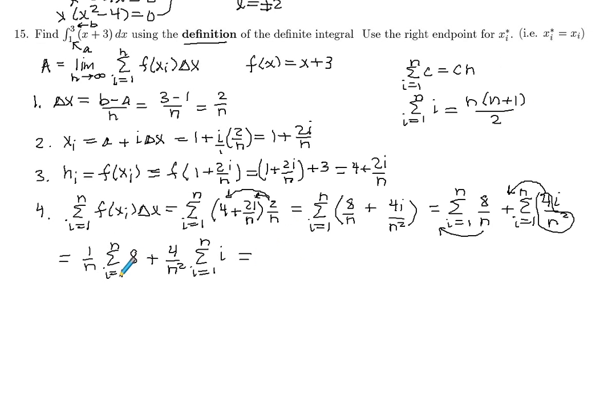So here the sum of 8 is just going to be 8 times n, so we've got 1 over n, and then this is just 8n. That's with c equals 8 here, so this is 8n, plus 4 over n squared out in front, and then this sum is n times n plus 1 over 2.